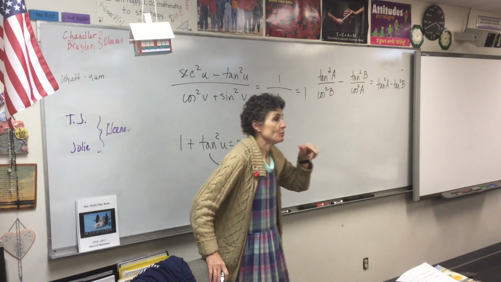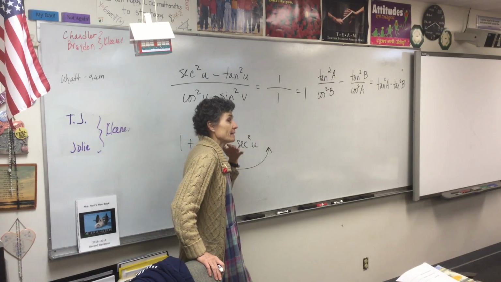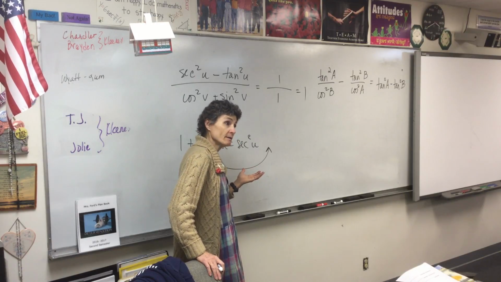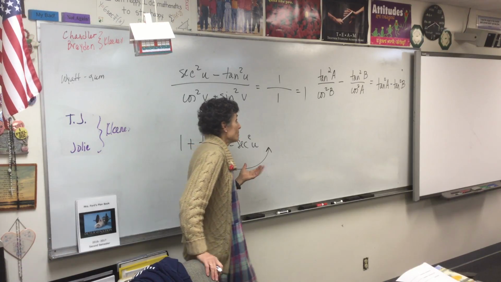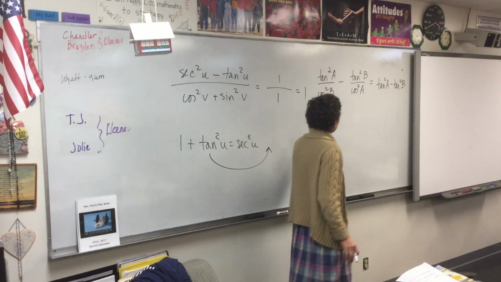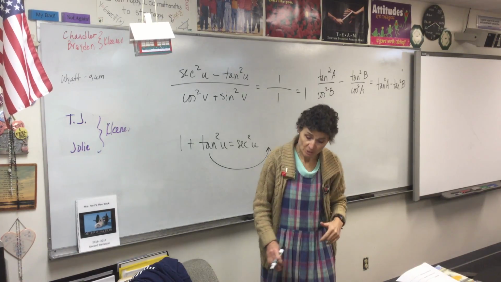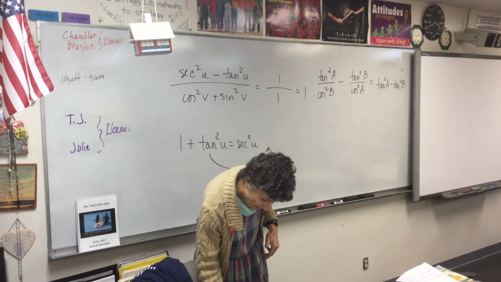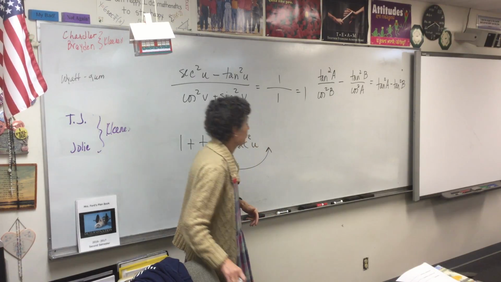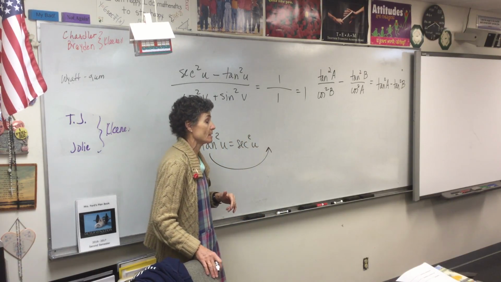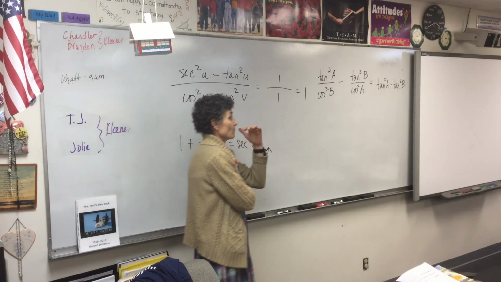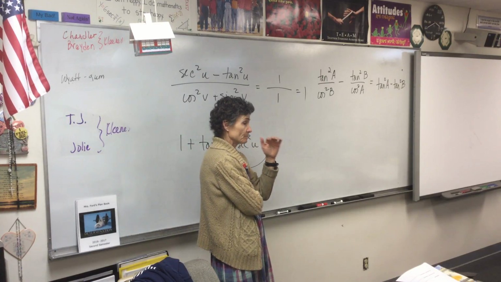And in order to do that, we got to get rid of the cosines, right? Because we are ending up with only tangents, which means I have to get rid of cosines.